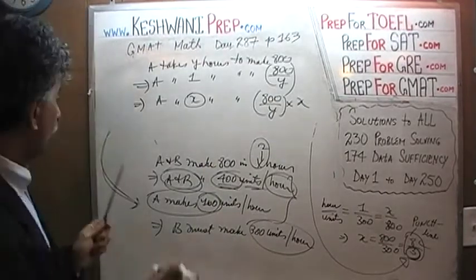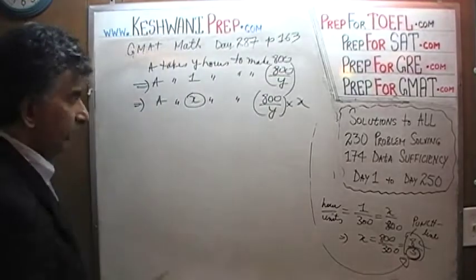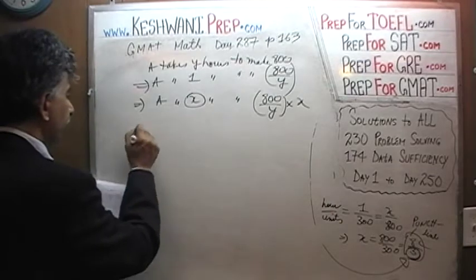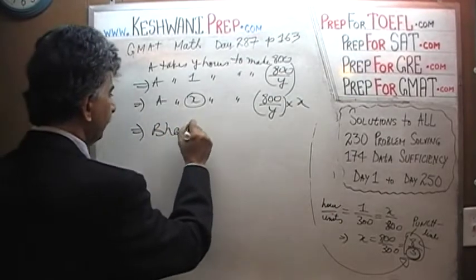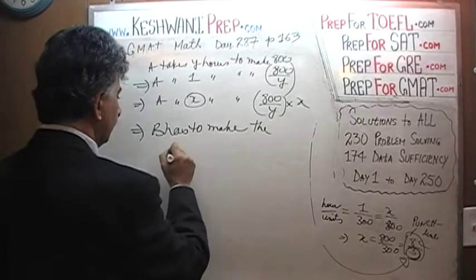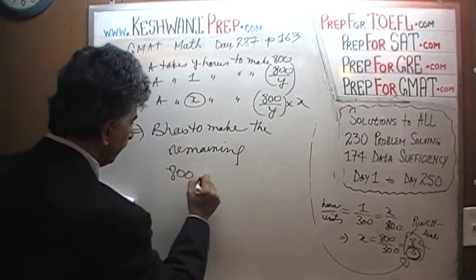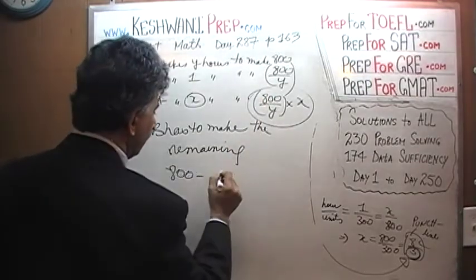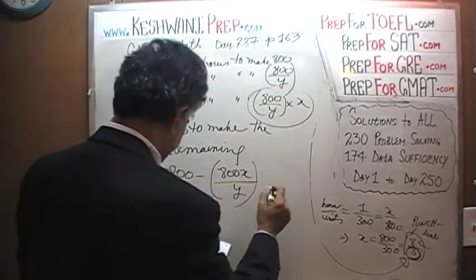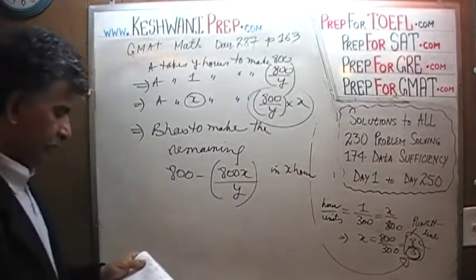Well, we need to make a total of 800. So that implies that B has to make the remaining: 800 minus this quantity, 800 over Y times X, in X hours.